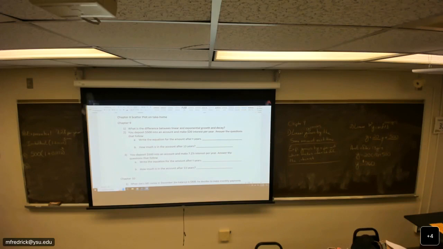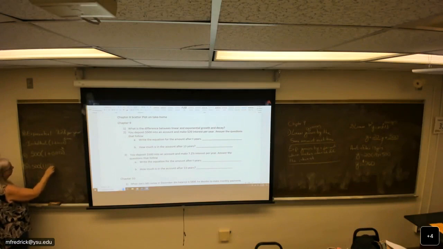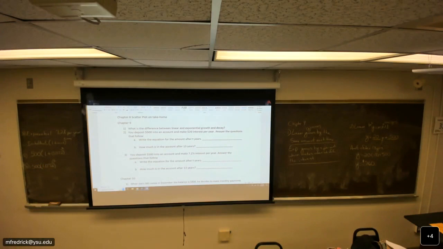Any questions on the equation? Find how much is there for 13 years. Plus 13 and for time. I added inside the parentheses, but you didn't have to.